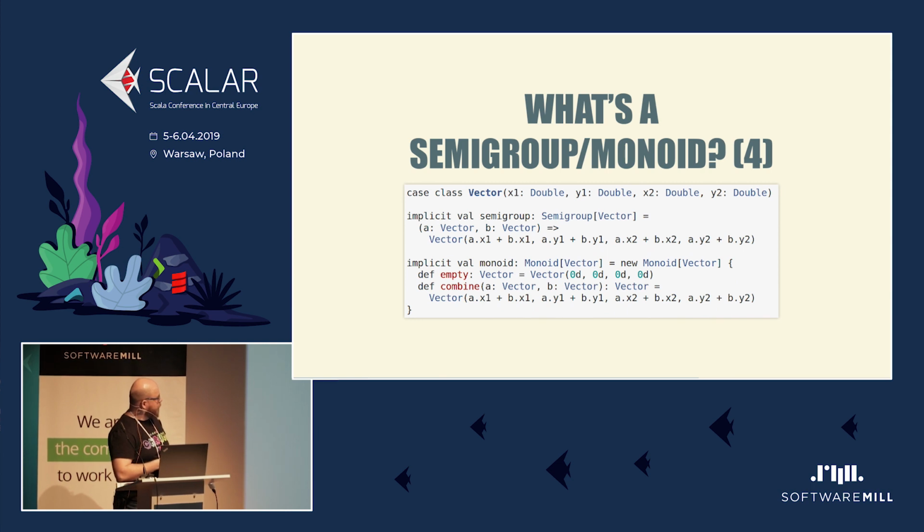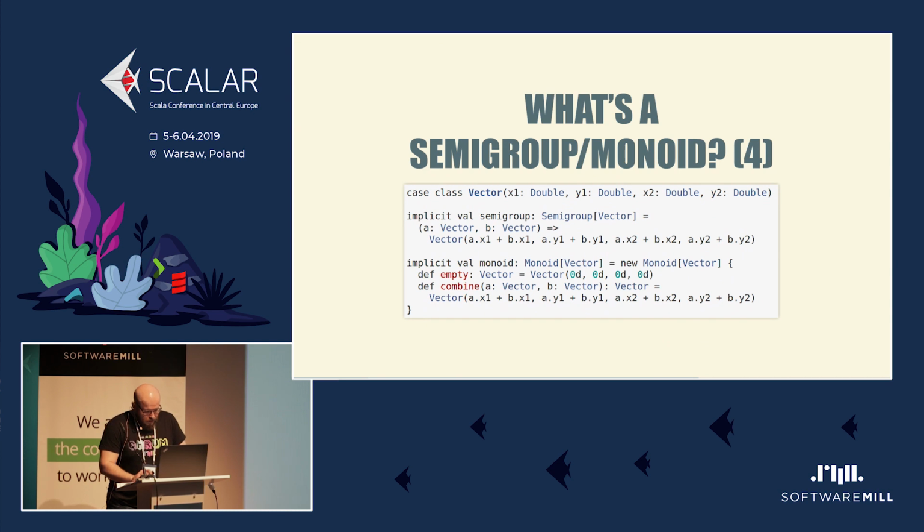As a function, we only need to say that we want a semigroup here, and the compiler will figure out, okay, this is the definition for combine. For monoid, unfortunately, if you don't extend from some semigroup, you have to write it the old-fashioned way with a trait definition, an anonymous implementation of the trait. And again, this is quite simple. You just give the neutral vector, and you basically have the same definition as above.